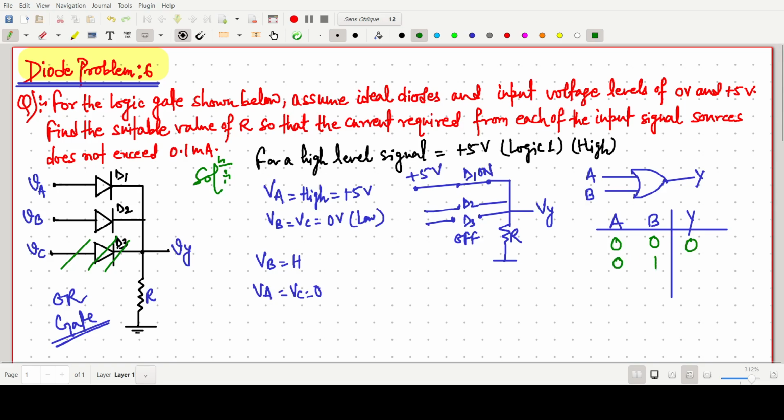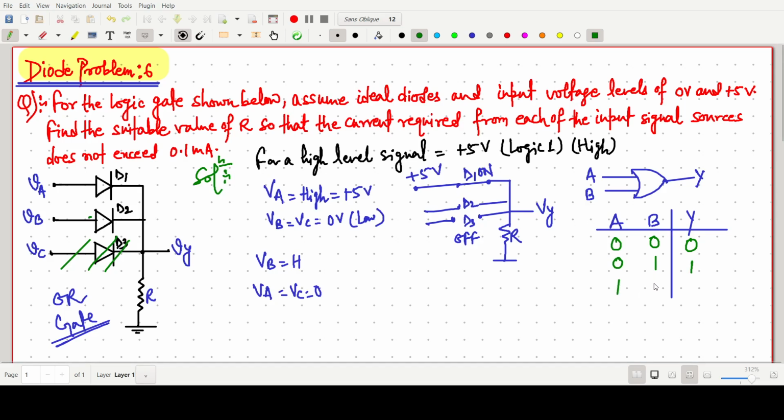If any one is high, that diode will be on and the other will be off, so the output will be high.